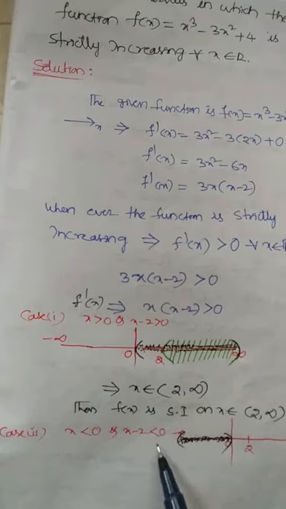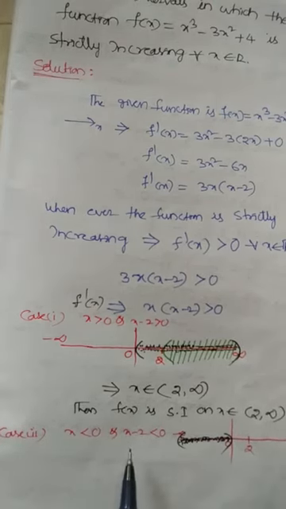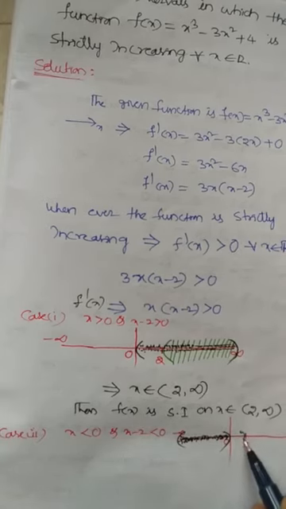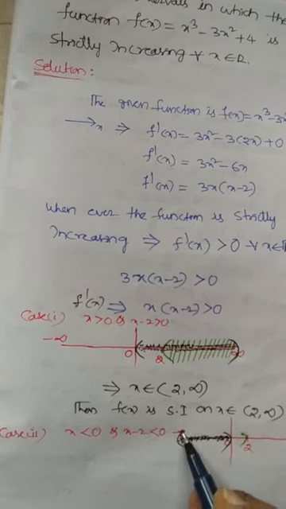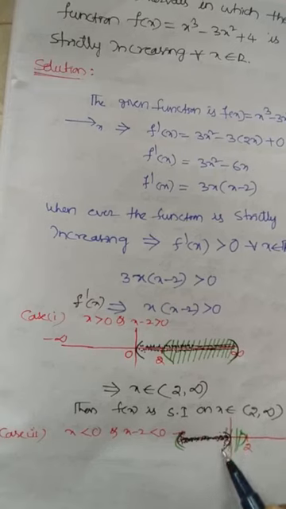Whenever you substitute values less than 2, like 1.999, then 1.999 minus 2 is a negative value, less than 0, which satisfies it. So from 2 to minus infinity, all these values show the relation x minus 2 less than 0.